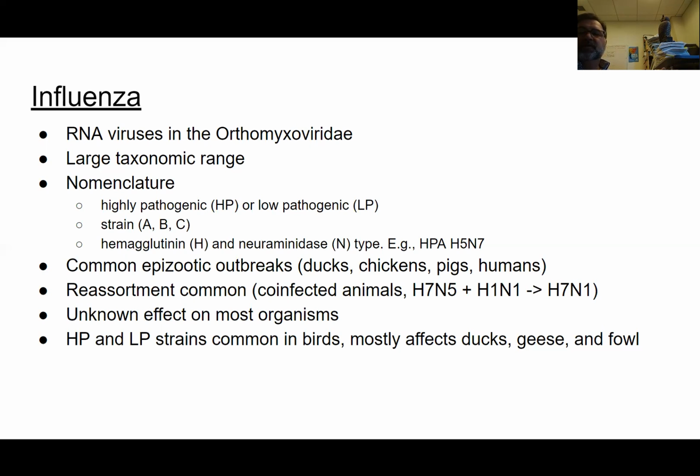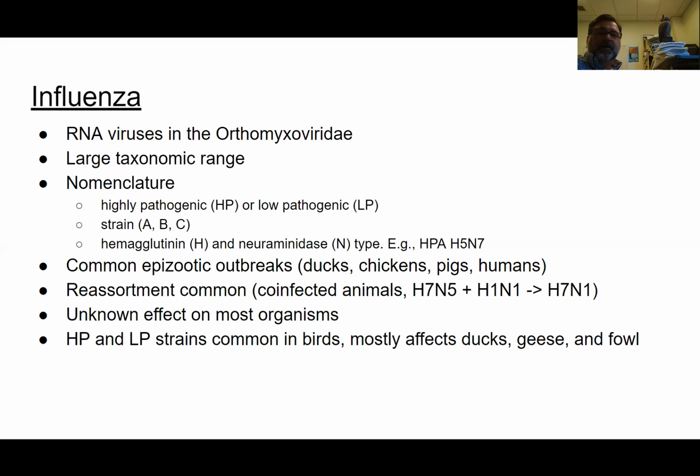And hemagglutinin determines the host range, so that's the gene that is responsible for the influenza virus particle sticking to the receptors on the host cell, and the neuraminidase is related to how well it replicates. So that determines the pathogenicity.